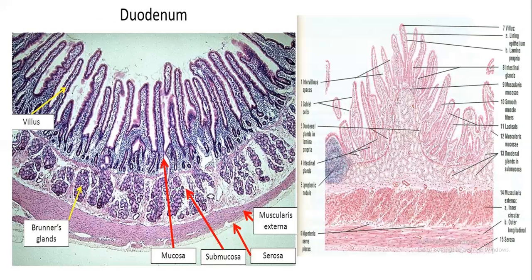So this is a slide you must know, a slide of the duodenum. You can recognize it by the presence of leaf-like villi and the presence of submucosal glands. Duodenal glands are present in the submucosa.